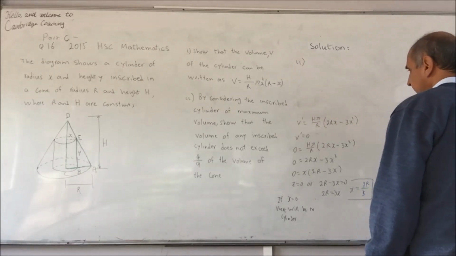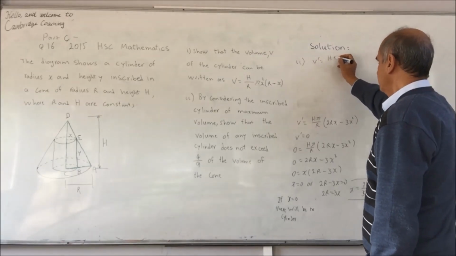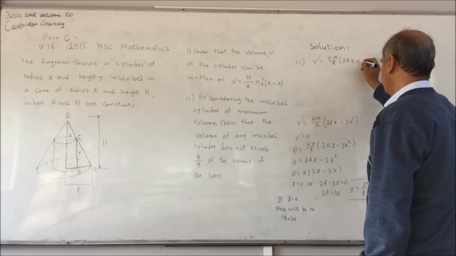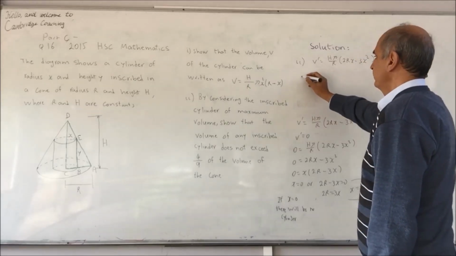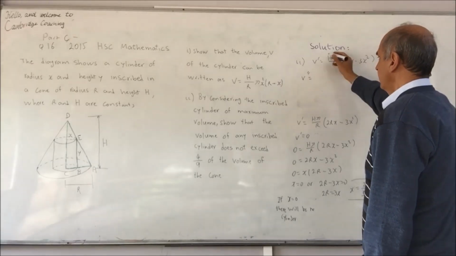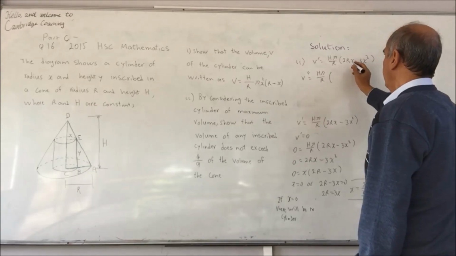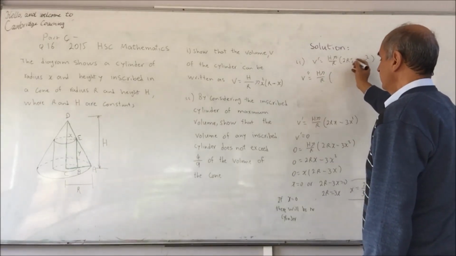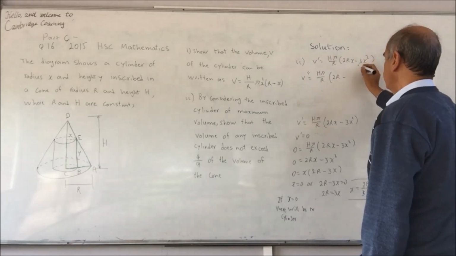So we have V dash is equal to h pi on r times (2rx minus 3x squared). To differentiate it again, this is a constant, I'm just keeping it and differentiating inside: 2rx, remember that 2r is a constant, so it becomes 2r, minus, that becomes 2 times 3, 6x.